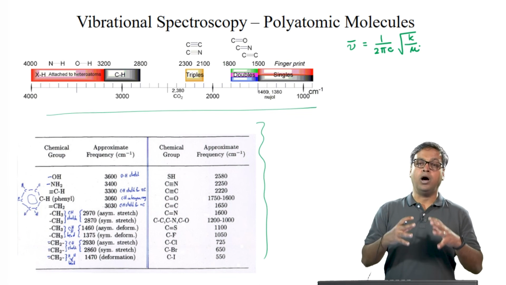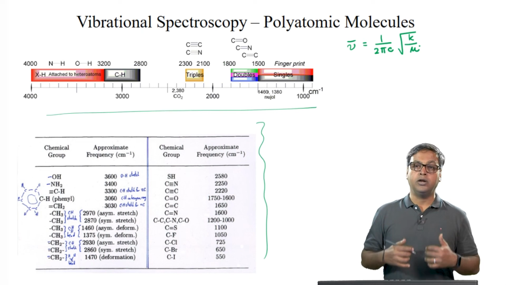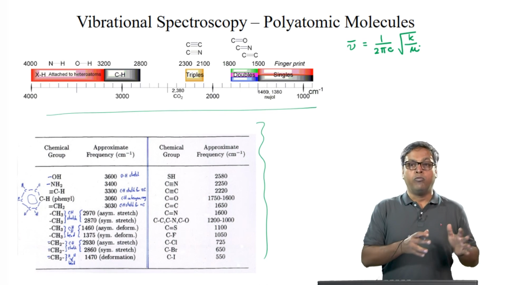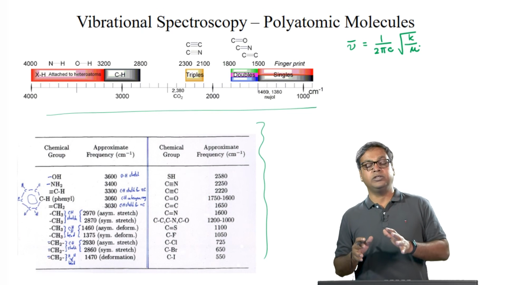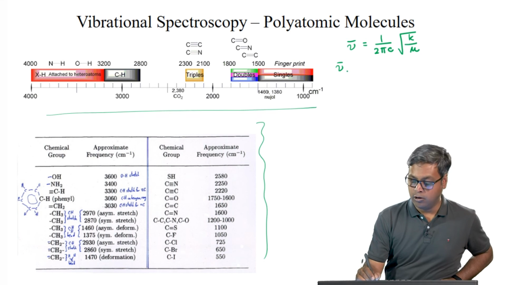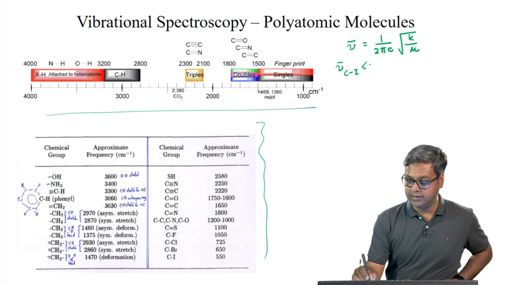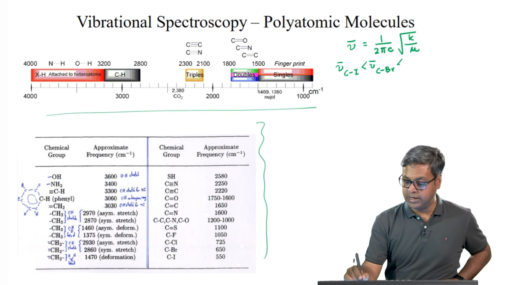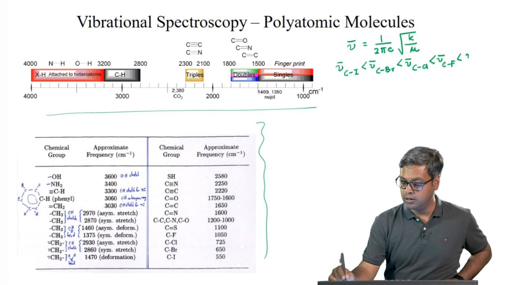So, increasing the mass of the atom undergoing vibration within the group will tend to decrease the frequency or the wave number. So, we can say nu bar of C-I is less than nu bar of the C-Br bond, which is less than nu bar of the C-Cl bond, which is less than nu bar of C-F, that is C-fluorine, which is less than nu bar of C-H.